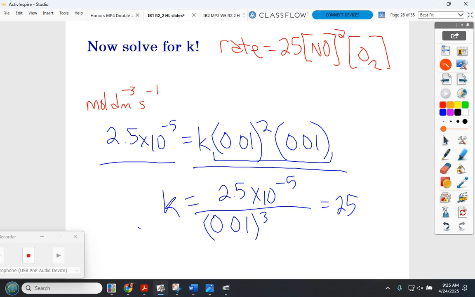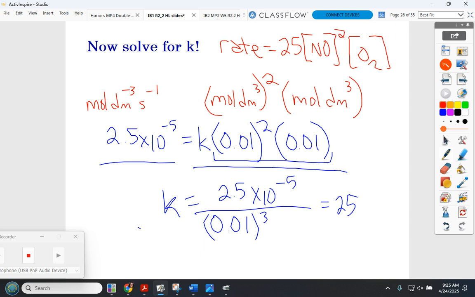And then we've got moles per decimeter cubed squared and moles per decimeter cubed. If you need to figure out units, this is how you do it. You treat the units the same way that you treated the numbers.